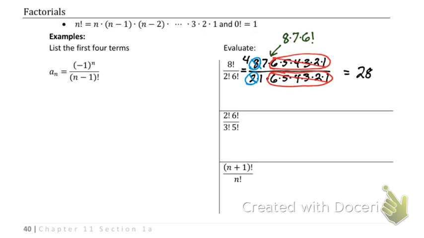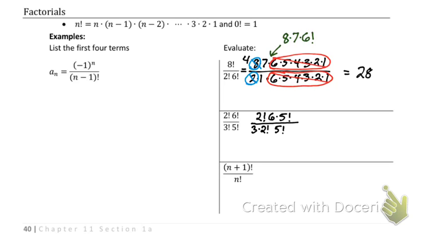Why we would do that is if we look at the second one, I don't want to write all of 6 factorial out. So instead, I'm going to write 2 factorial on top. And I'm going to rewrite 6 factorial as 6 times 5 factorial. Down below, I'm going to rewrite 3 factorial as 3 times 2 factorial. And I'm just going to write 5 factorial.